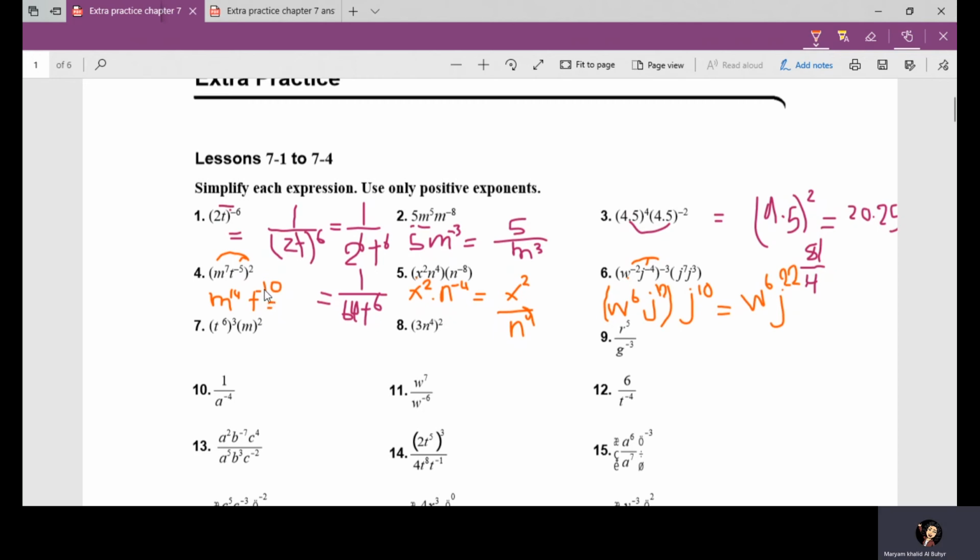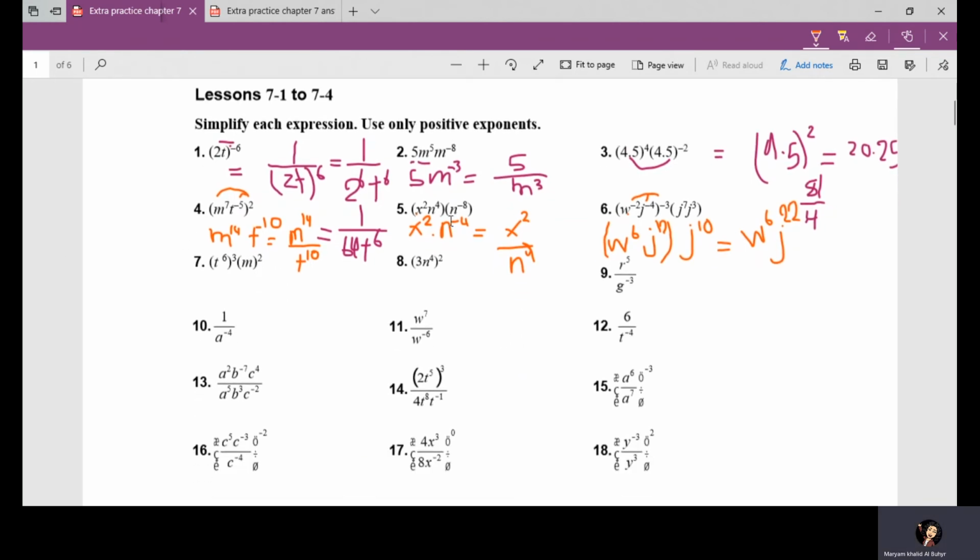Because this one is negative, you have to move this down. So m to the power 14 over t to the power 10. And so on. That's it for this one.